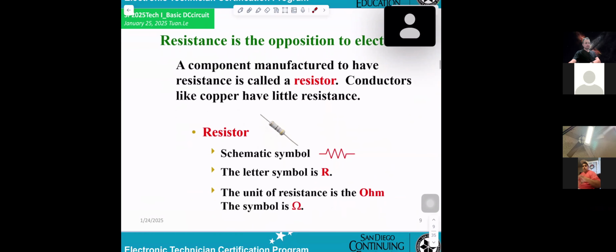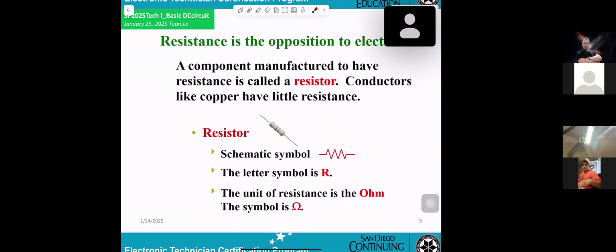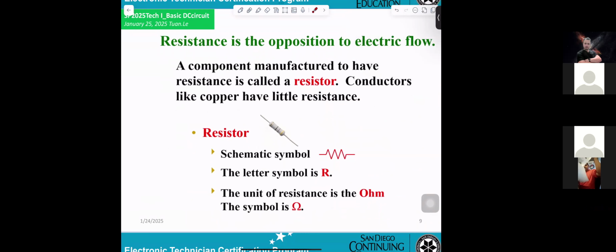Now, they're talking about resistance. Resistance is the opposition to electric flow. A component manufactured to have a resistance is called a resistor. Conductors like copper have little resistance.